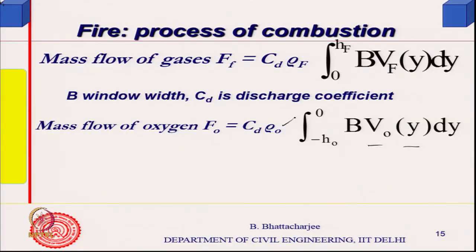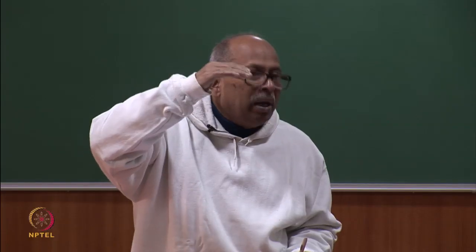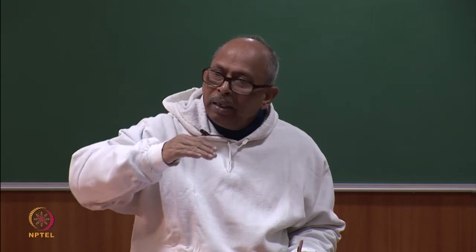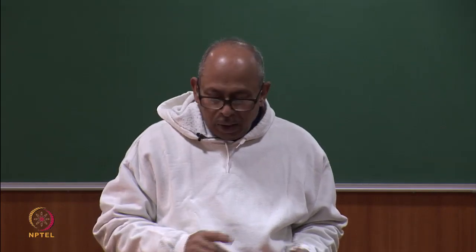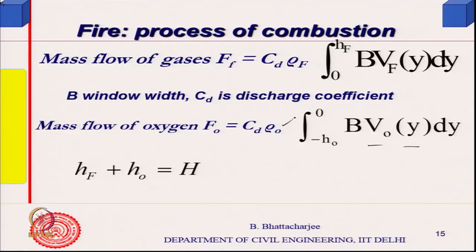Actually, this Hf plus H0 must be equal to H, because Hf is the height of the window above the neutral plane and H0 is the height below it. I can integrate this anyway, because the expression for Vf in terms of y is known to me, and the expression for V0 in terms of y is also known.